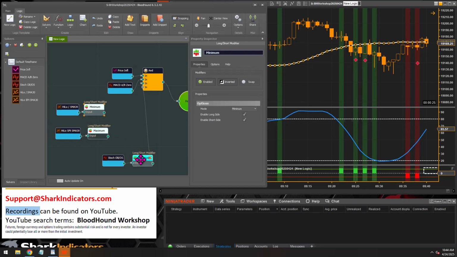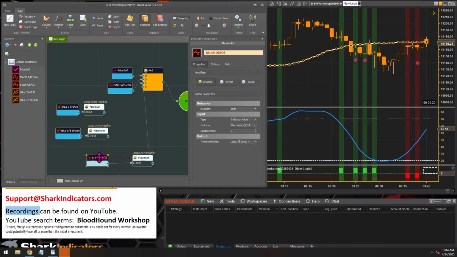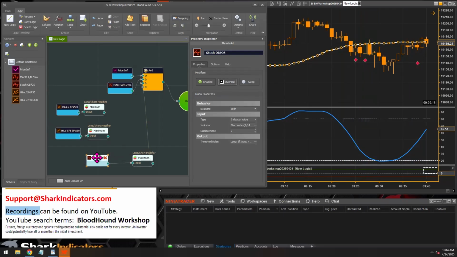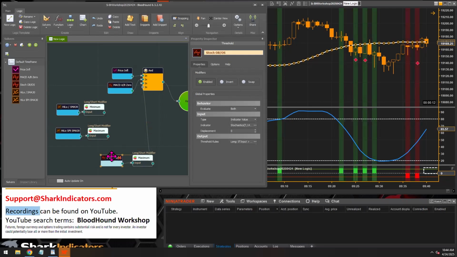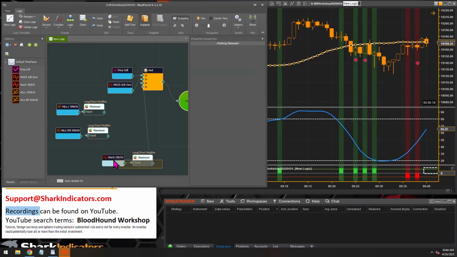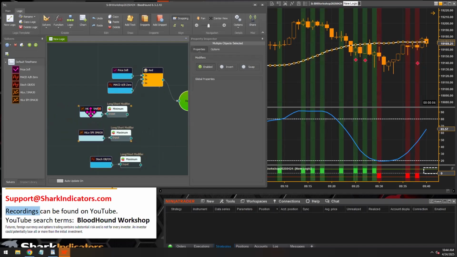If I select this solver down here and invert it, you can see the title bar goes white. That's how you know that a solver is inverted. All right, so that should do it. That should conclude this one here.